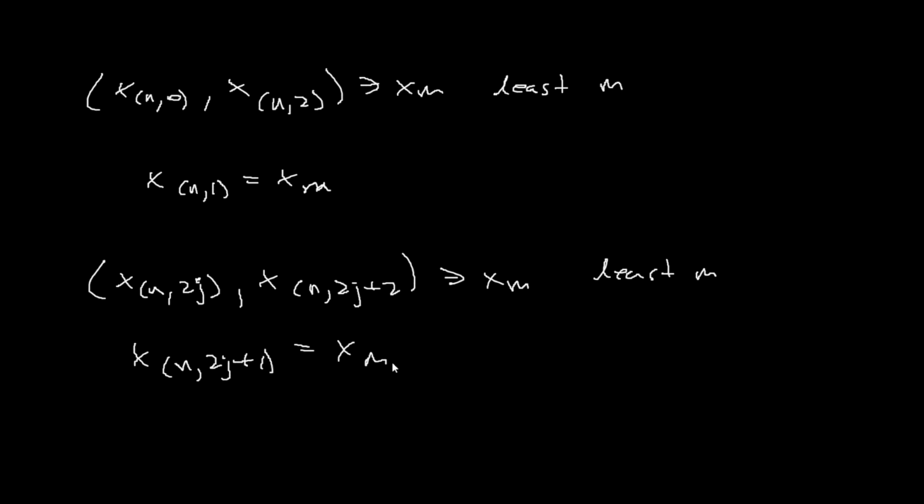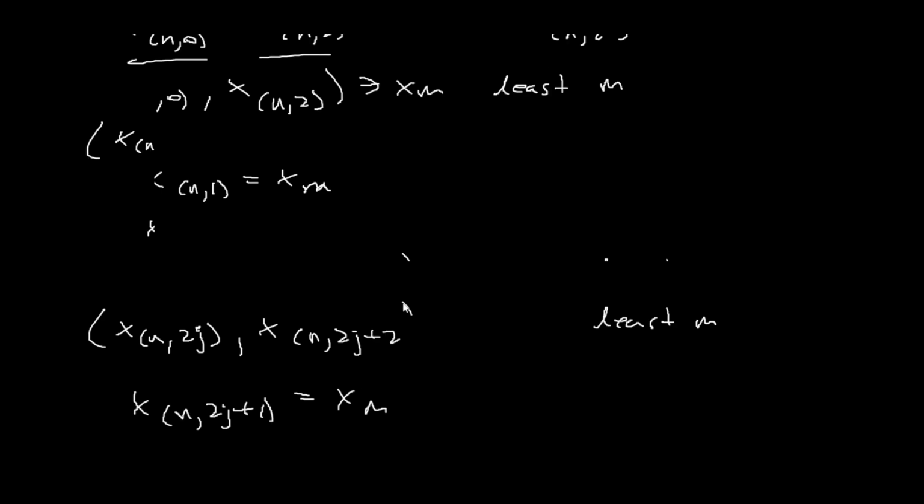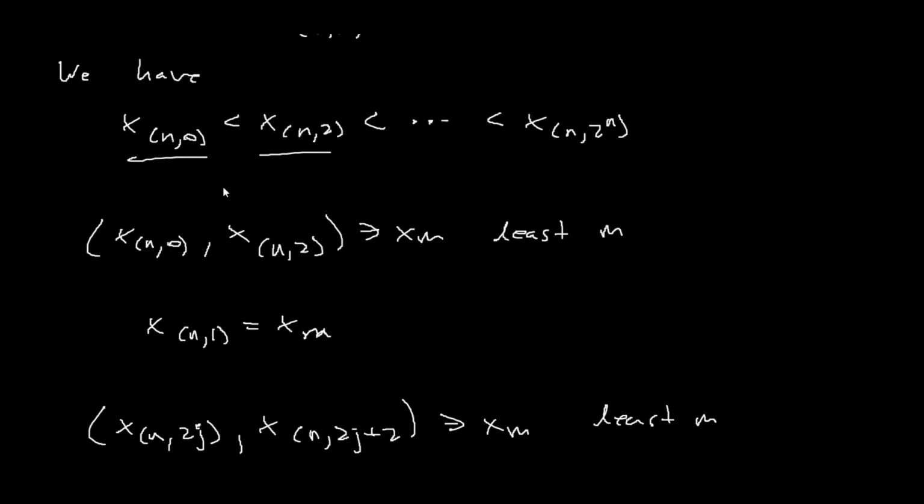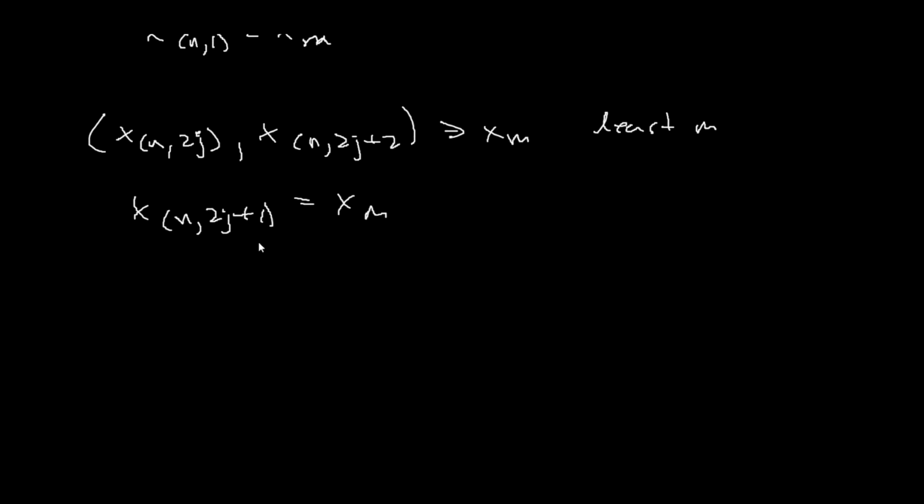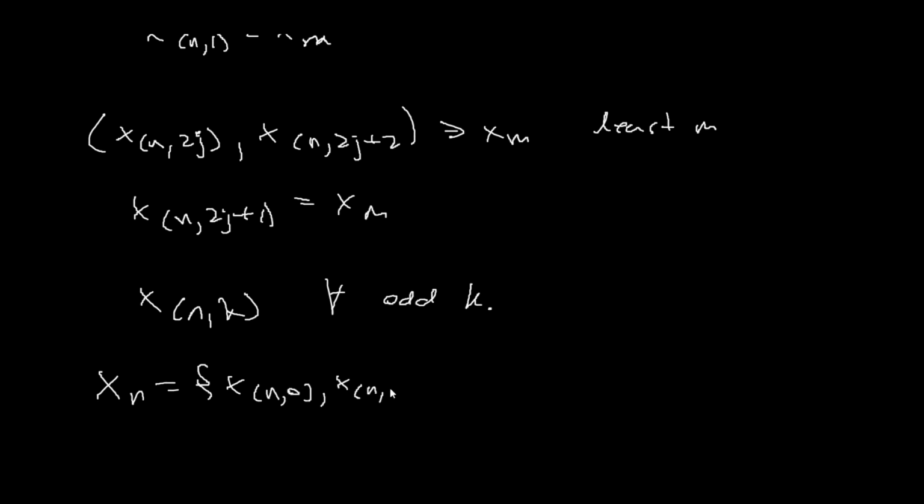And we do this for all the pairs of consecutive elements from our inequality chain, which defines all the elements x_{n,k} for all odd k, allowing us to form X_n consisting of elements x_{n,0}, x_{n,1}, x_{n,2}, all the way up to x_{n,2^n}, as desired.